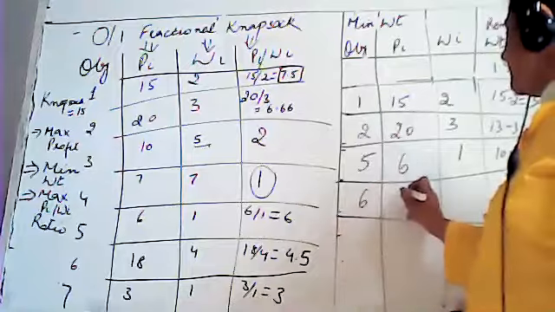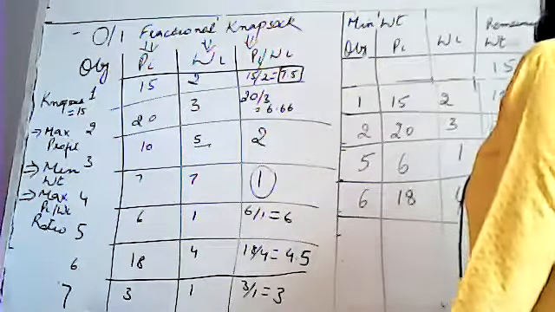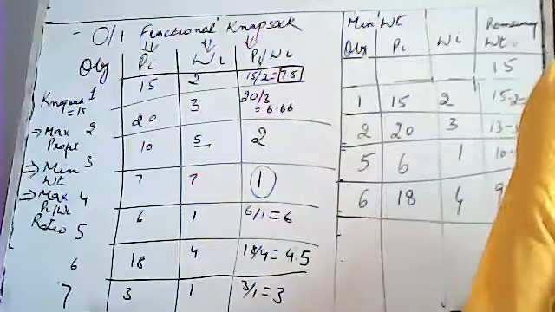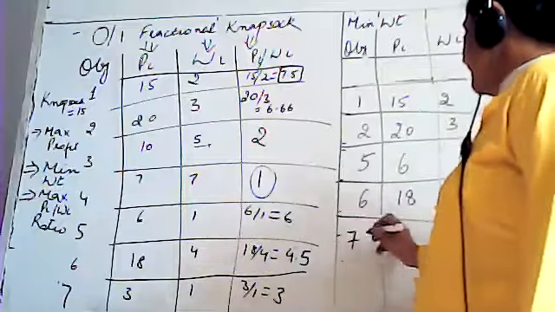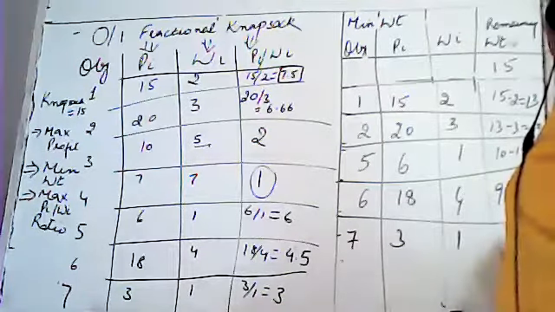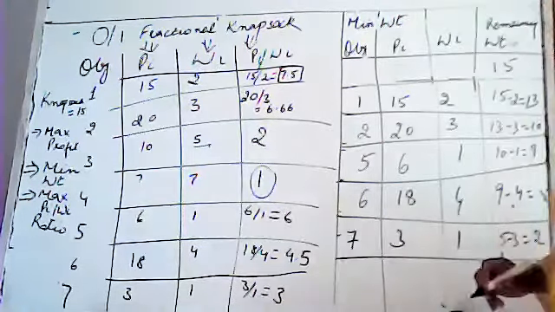Okay, 6, 18, 4. 9 minus 4 would be 5. Next. 7, 3, 1, then 5 minus 3 is equal to 2. Next object, please speak out.